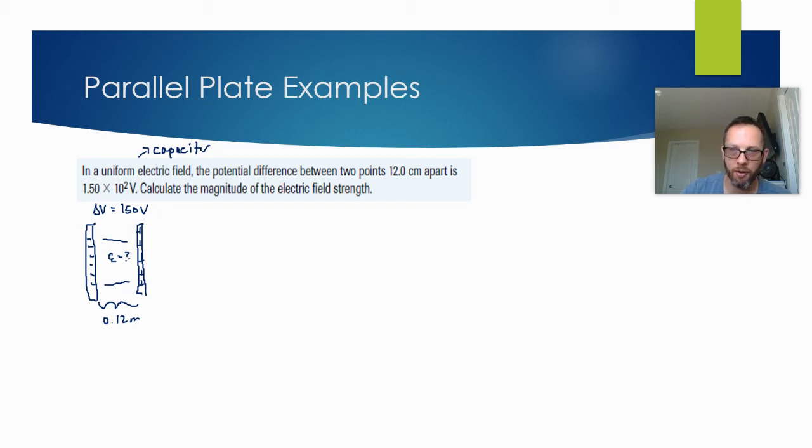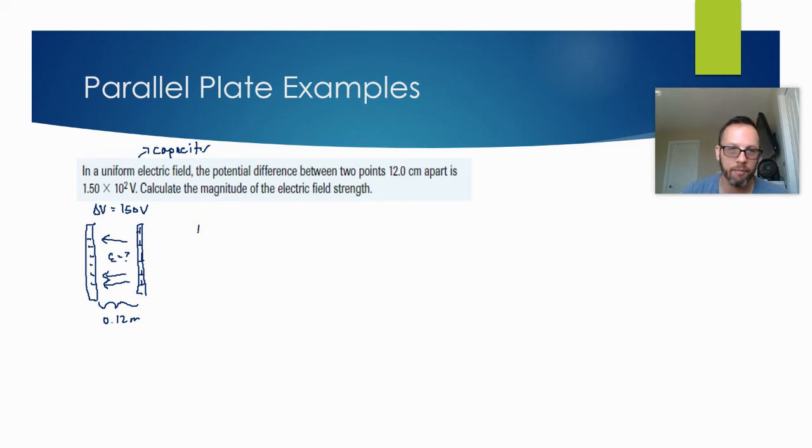Now, I almost drew the field lines in the wrong direction. What direction would the field lines be in the way I draw my parallel plates? A positive test charge would move away from the positive plate towards the negative plate. So that's the direction of the field, but we're not asked for that. We're just here to find the field strength.